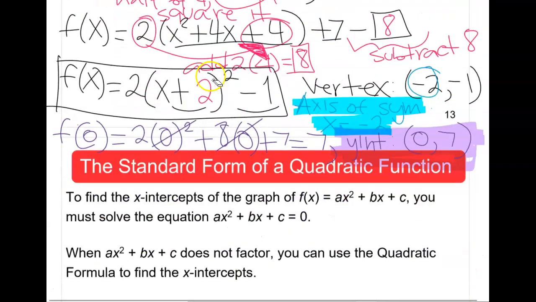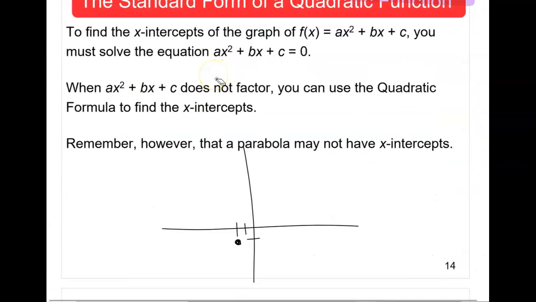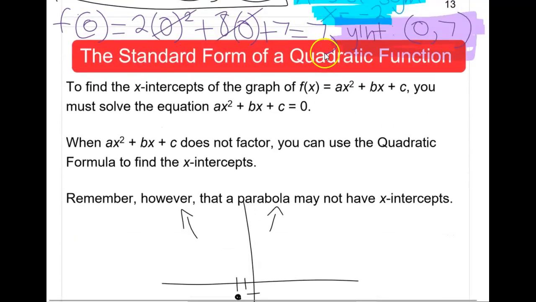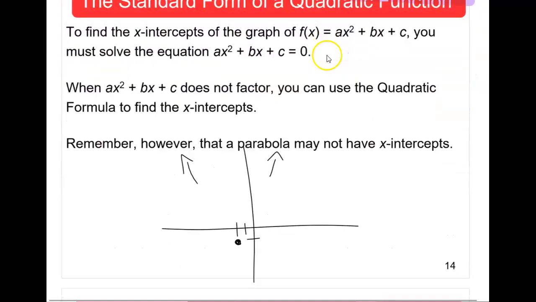So from this vertex, we will have something opening up. Okay, now let's graph the axis of symmetry, which is the line x equals -2.